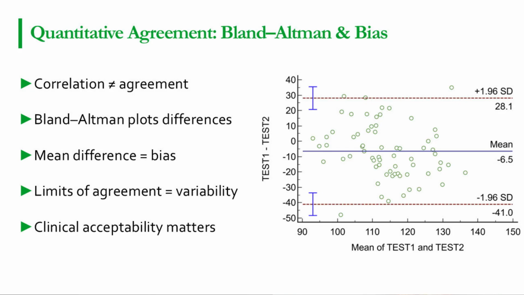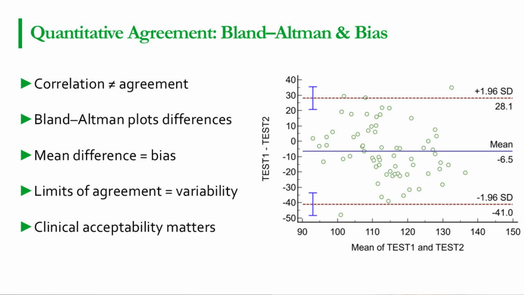When diagnostic tests produce quantitative measurements, agreement cannot be adequately assessed using correlation alone. Correlation measures association, not equivalence, and can be high even when systematic differences exist between methods.